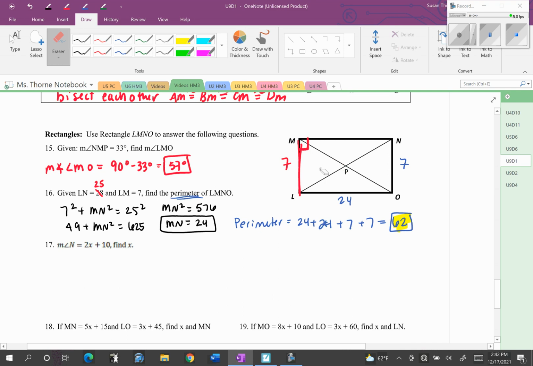Erase this here. All right, angle N is equal to 2x plus 10. Sorry, not angle LN, angle N. So we're saying this is equal to 2x plus 10.